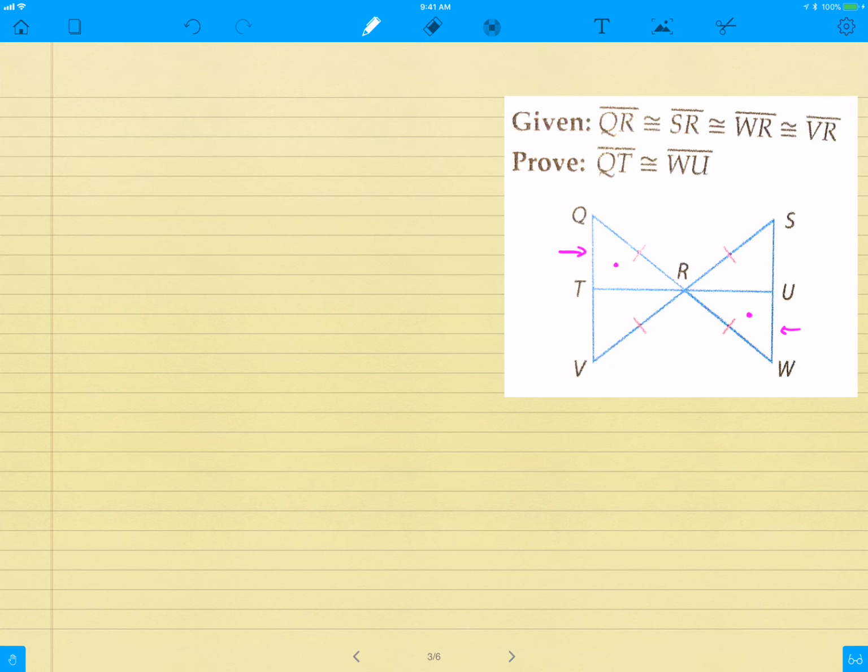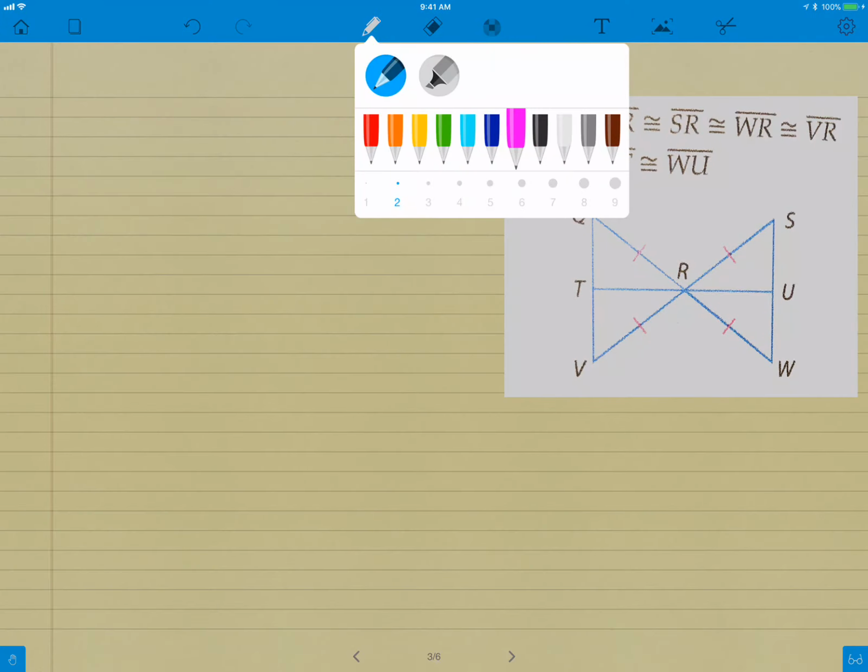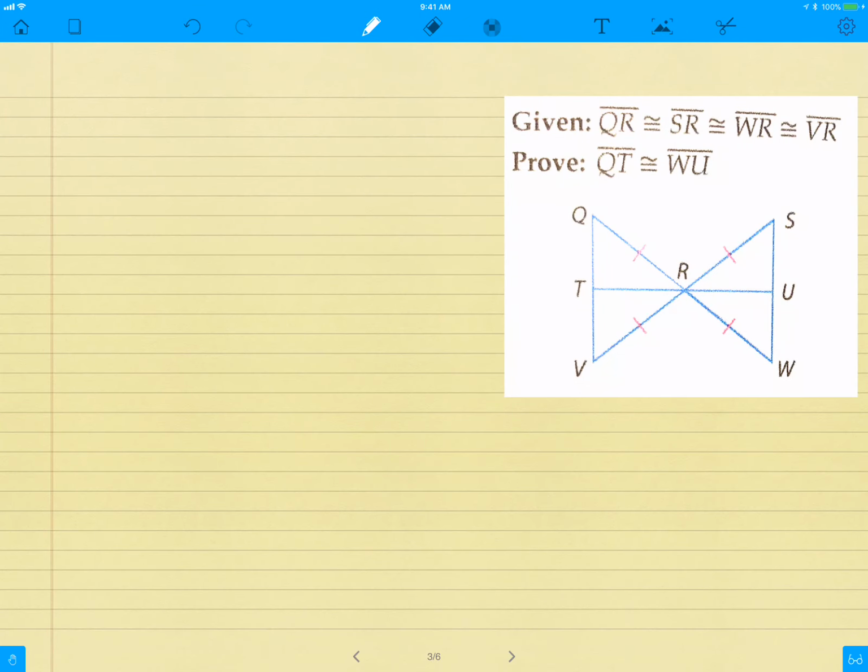If I can get to that point, then those walls have to match because they're corresponding parts, so CPCTC. But to get to those 2 triangles being equal, it's actually more challenging than you think it is. I can't just jump in and say it because I don't know that I have right triangles and whatnot. So we're actually going to walk through the proof of this. And it takes a little bit, kind of a strange step to actually get there.